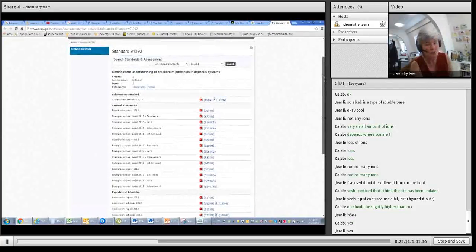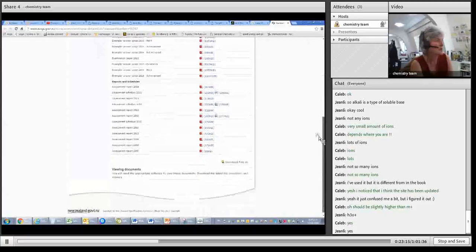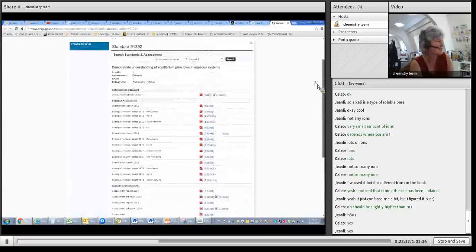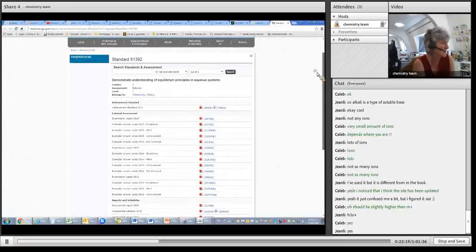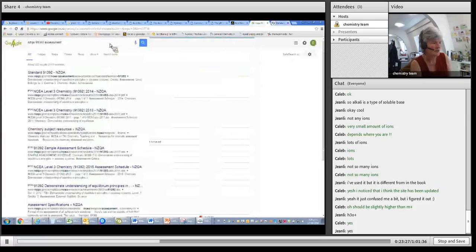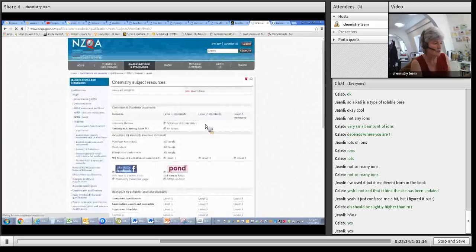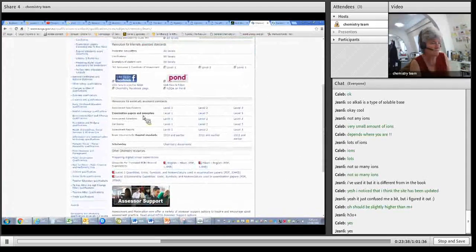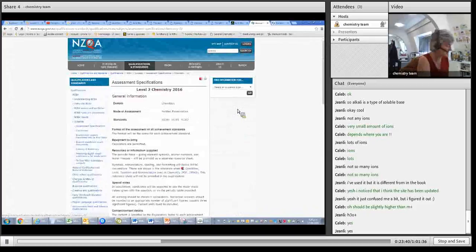It tells you what acids and bases you need to know. So I'll just go to the exam specifications. So that's what I wanted, exam specifications. And notice, I'll make this bigger so you can see.